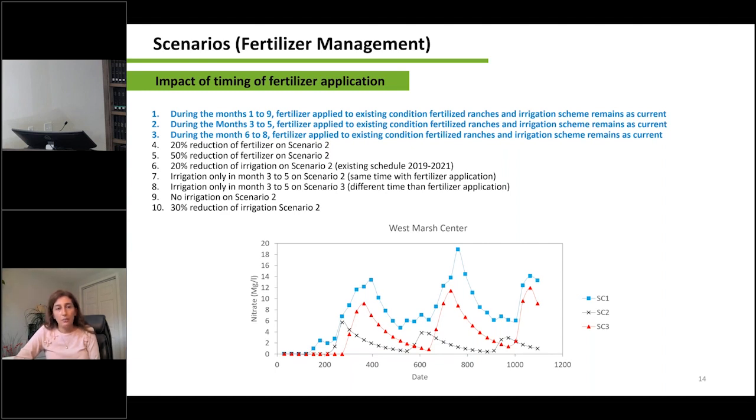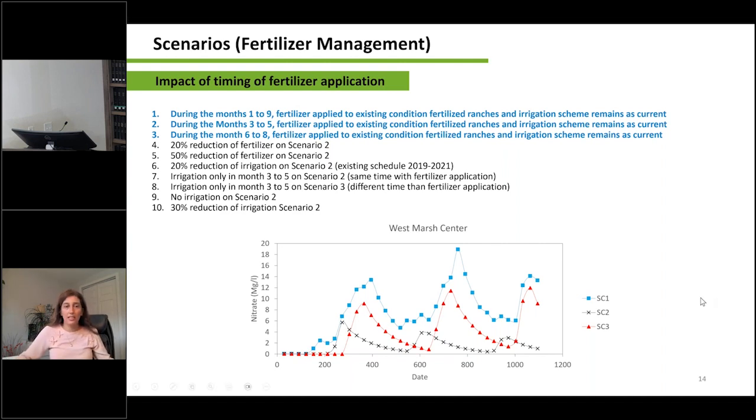And during the wet season only, although we have reduced it from 9 or 10 months to only 3 months of application, you can still see the amount of nitrogen in the system has not changed that much.